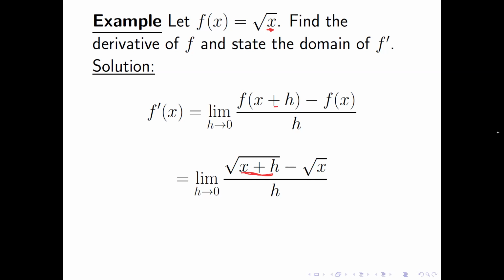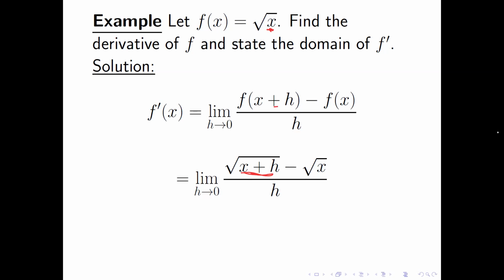So now when we are here, it is difficult to factorize or to simplify such a function. And now we want to introduce the technique that will assist us to solve this. The technique is just to rationalize.